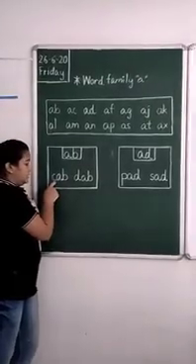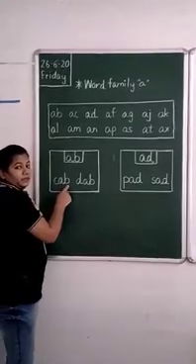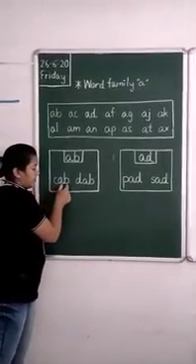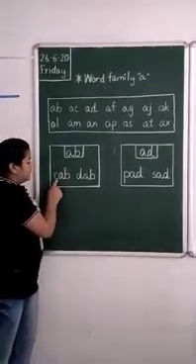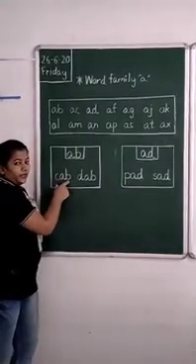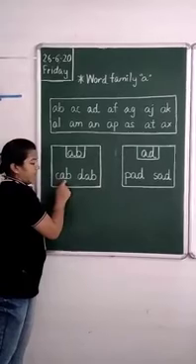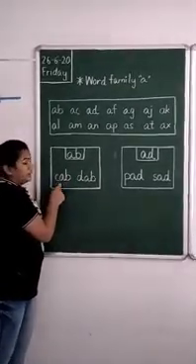So C says k, ab: cab. It will become cab. This is cab. C-A-B. We will read it like this.